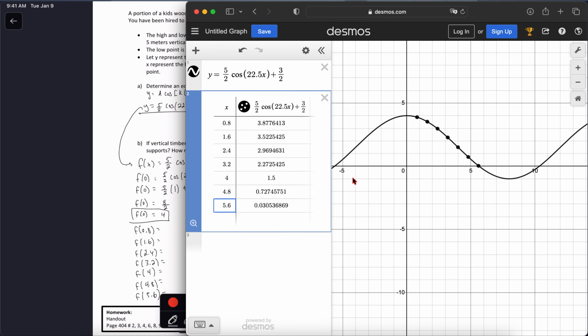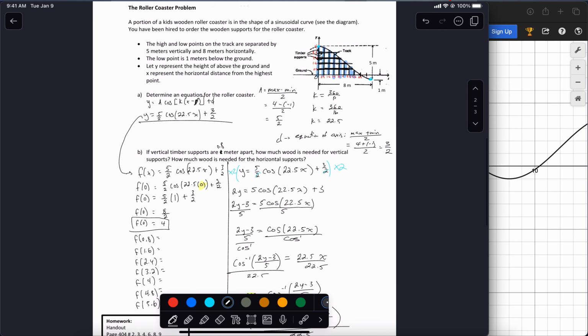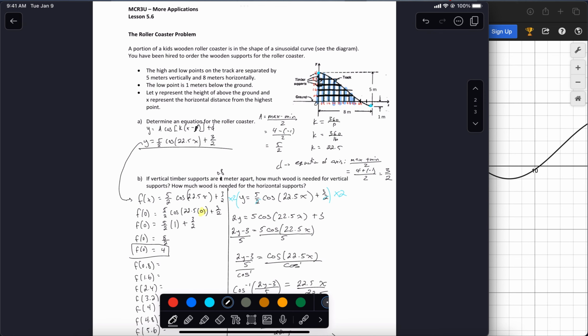So that's that question, the roller coaster question, modeling, and then with a mixture of some solving in there as well. Okay, so it should prepare you pretty good for the kinds of application questions that you would encounter with periodic functions.